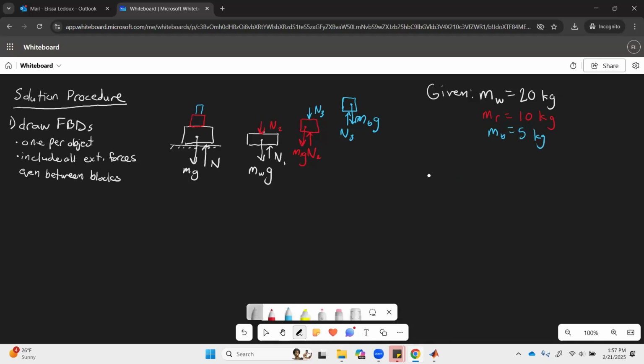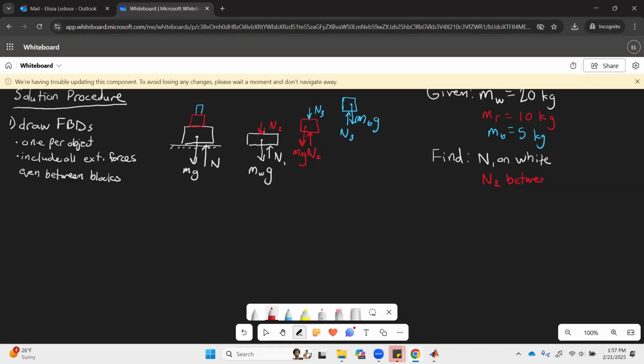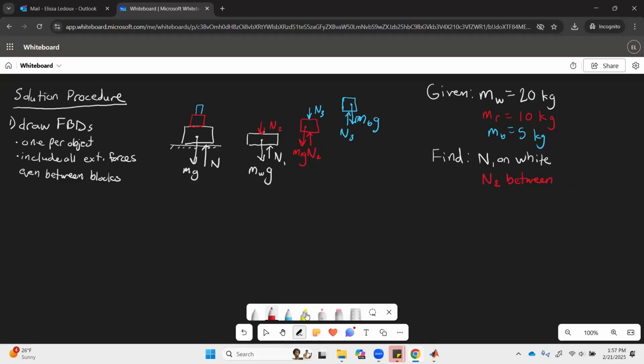We need to find normal force N1 on the white, and then we'll also need to find normal force 2 between the red and white, and then normal force 3 between the red and the blue.